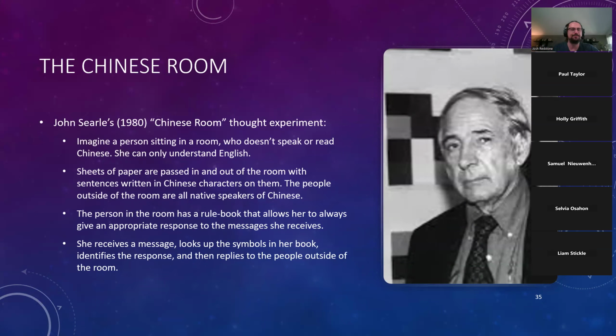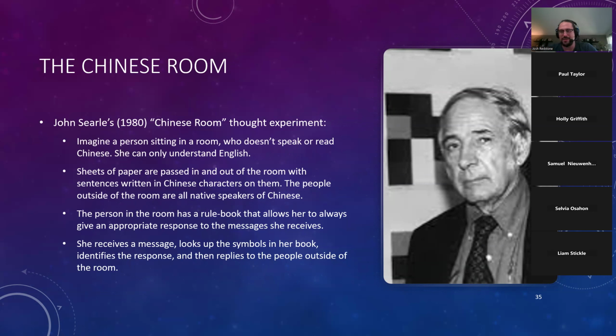You can read it. And you're in this room, and people are passing you little bits of paper with messages on them, and the messages are written in Chinese characters. Now, you can't read those characters. You don't understand what they mean. But you want to communicate with the people outside of the room. And the people outside of the room are all native Chinese speakers, so they can all read those Chinese characters.